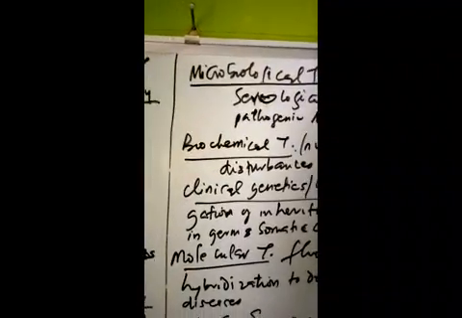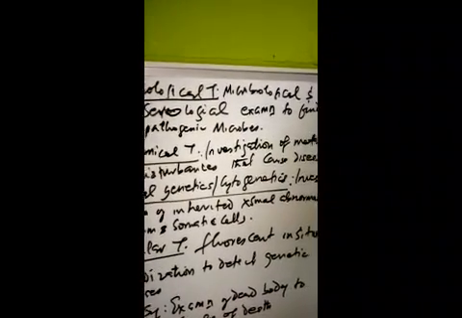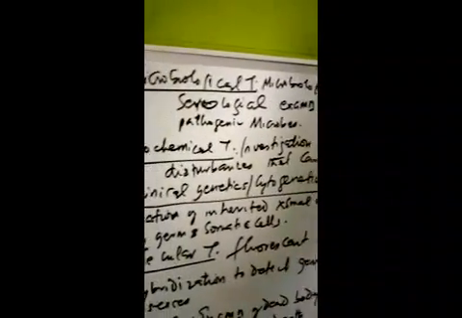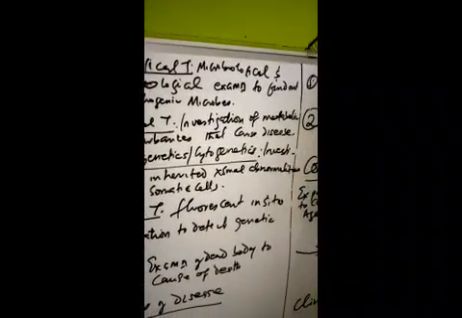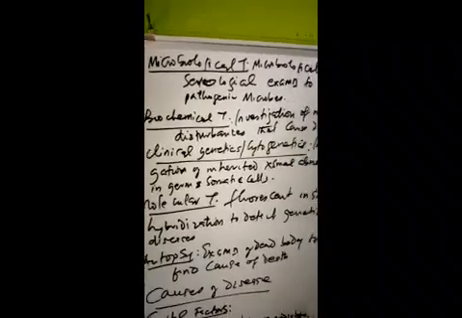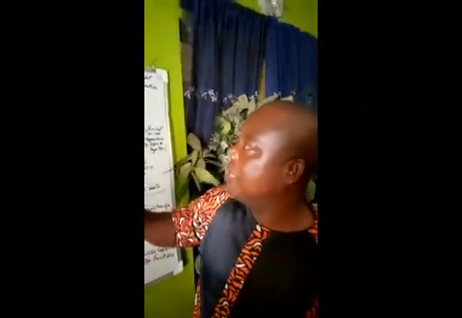Microbiological and serological examination to find out pathogenic microbes. And these pathogenic microbes can be virus, bacteria, fungi, protozoa, helminths, etc. Once we examine them under the microscope, that is microbiological technique.